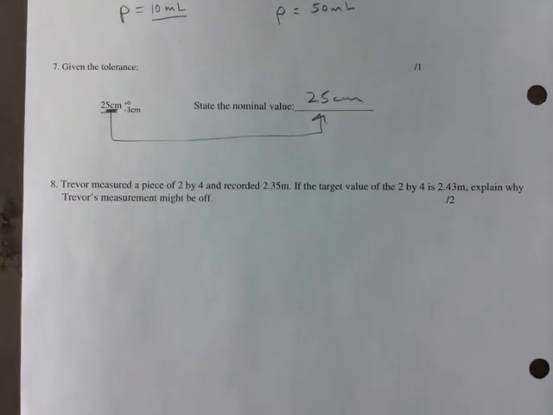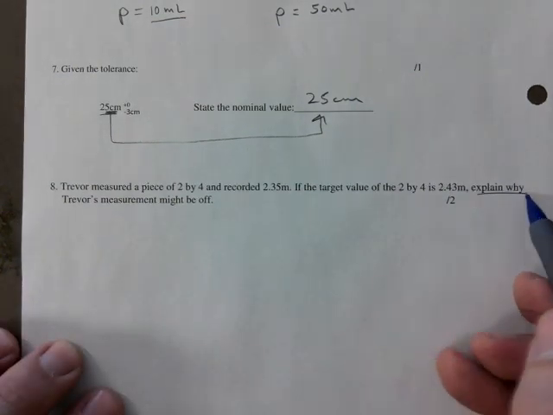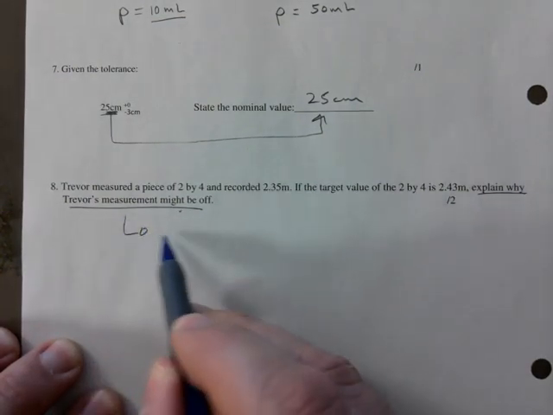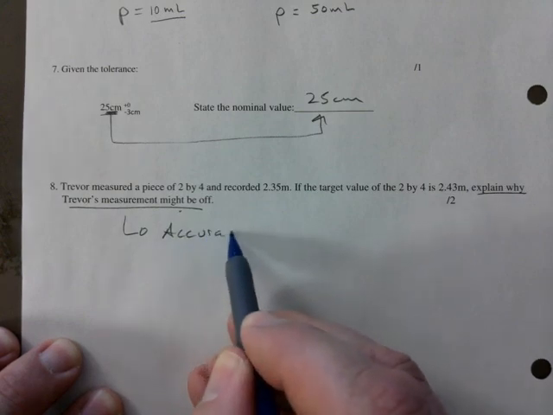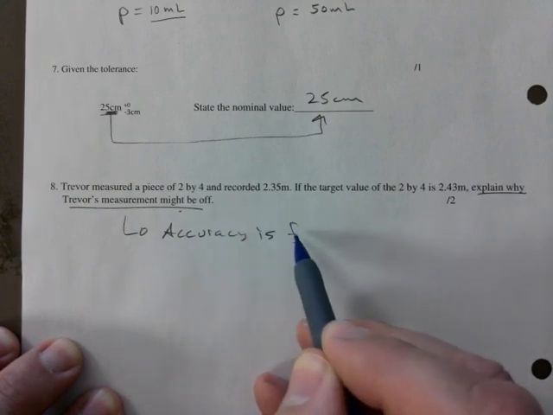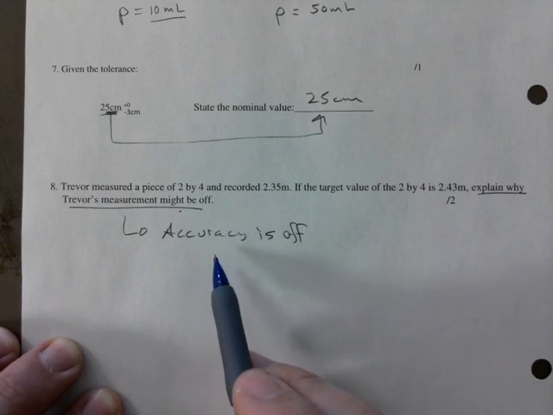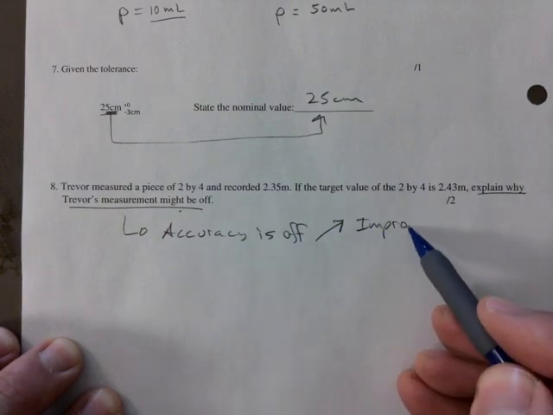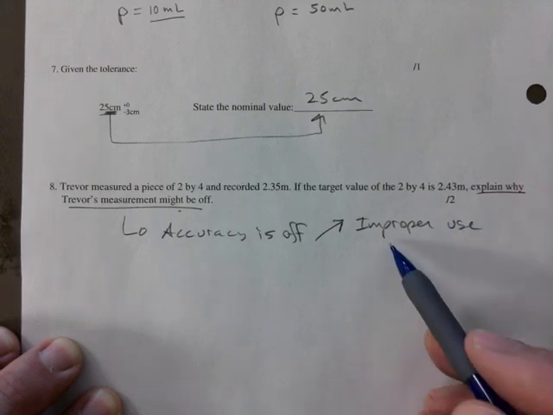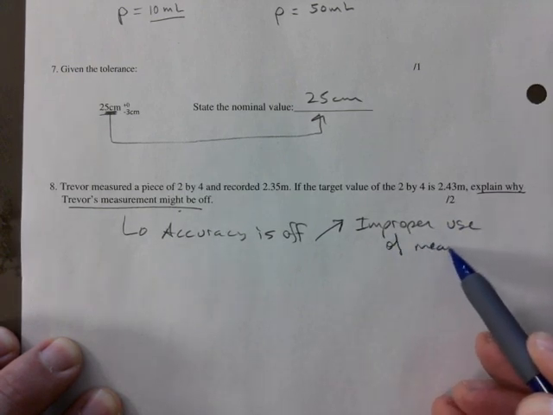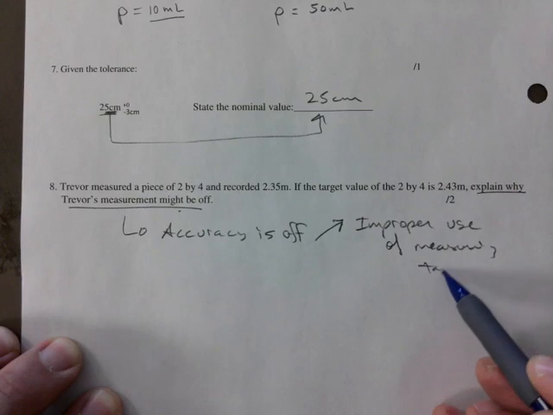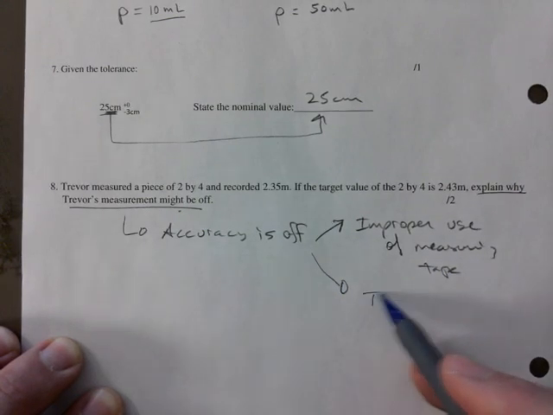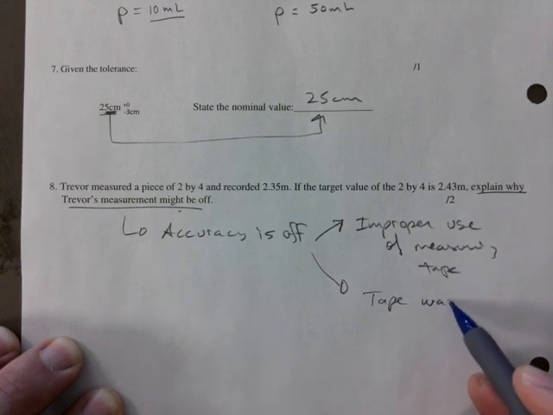Last one. If you read this, I want you to work on why accuracy is off. You make a scenario. You either say improper use of measurement, improper use of the measuring tape, or you can say the tape was damaged.